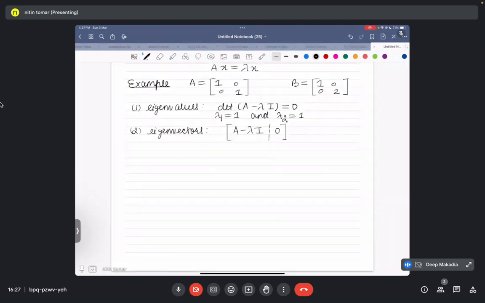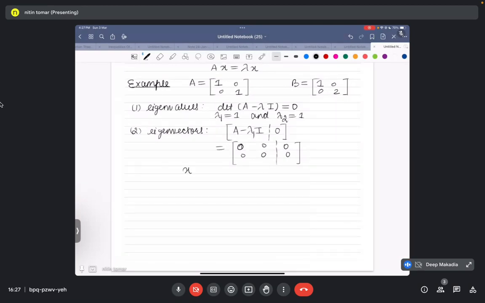Can you tell me what it will be in this case? So it will be 0 0 0 0. Am I correct? Because lambda 1 is 1 and A is actually the identity. So what does this system say? That every vector will satisfy this, right?